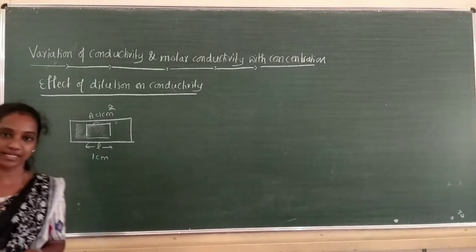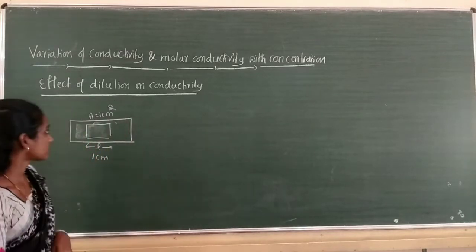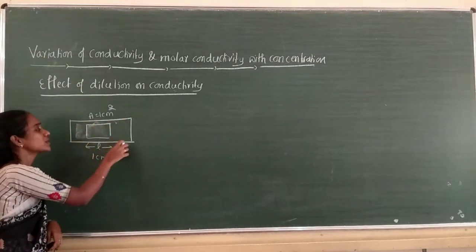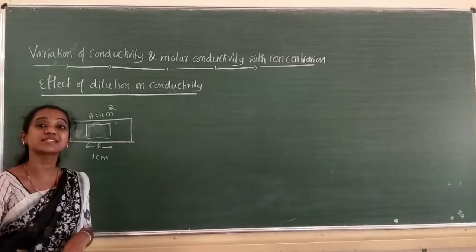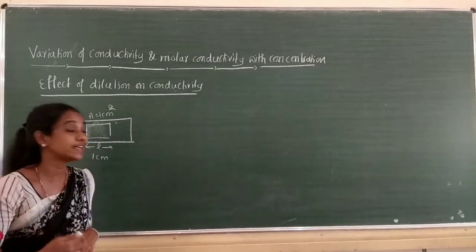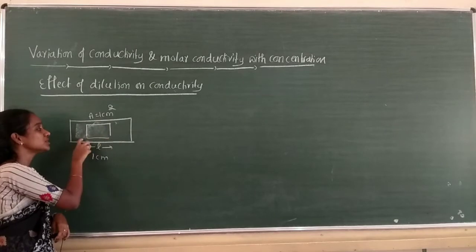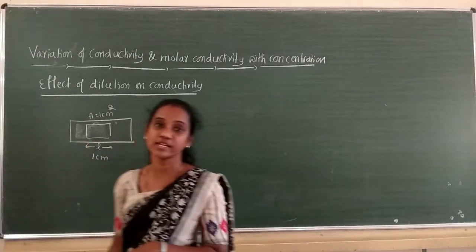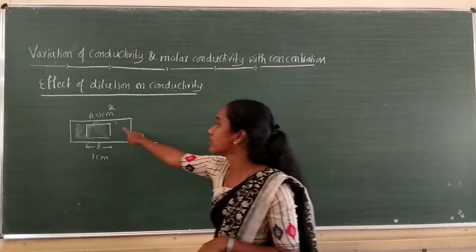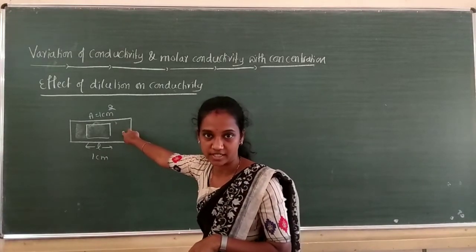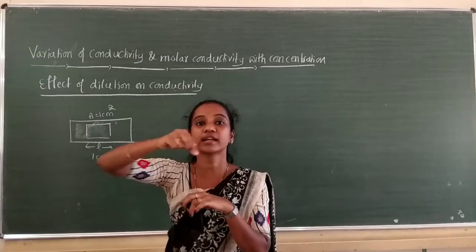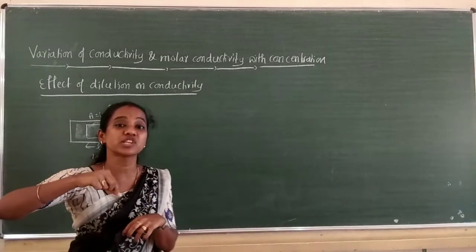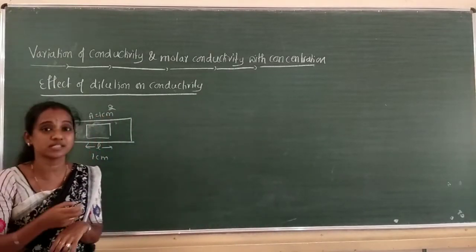In that region we need to talk about the conductance. Now, as the concentration of the solution is decreased, you know that if the solution is highly concentrated, that means the interionic interactions present between the ions are more.